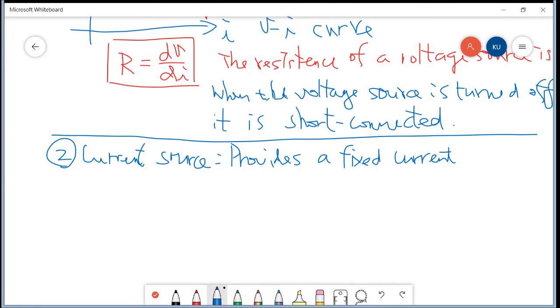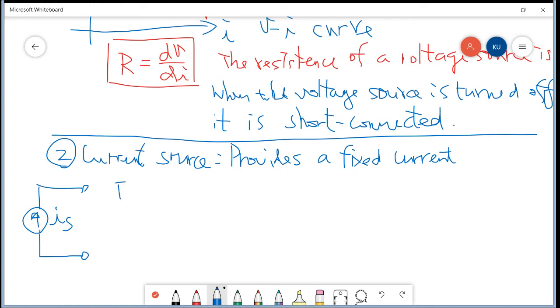In the circuit diagram, we sometimes draw it like this, Is, something like this. So contrary to the voltage source, the current of the current source is fixed.